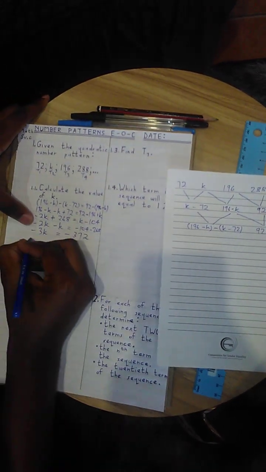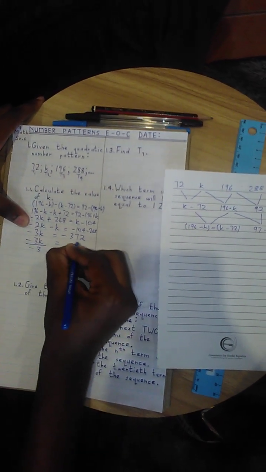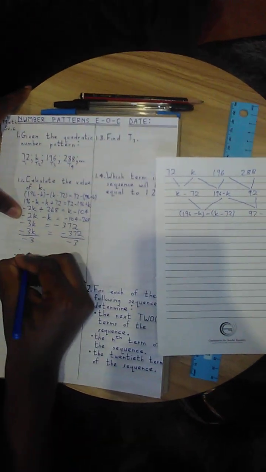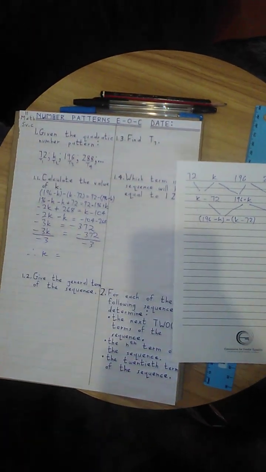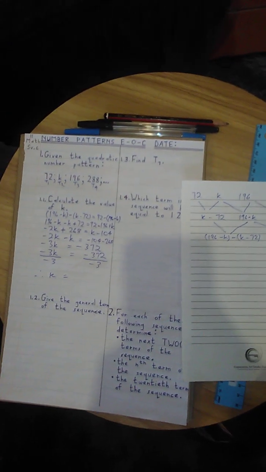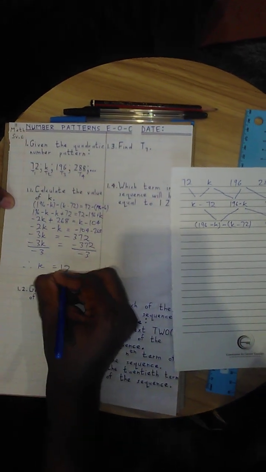Divide both sides by negative 3. So the final answer that we get, k is 124.